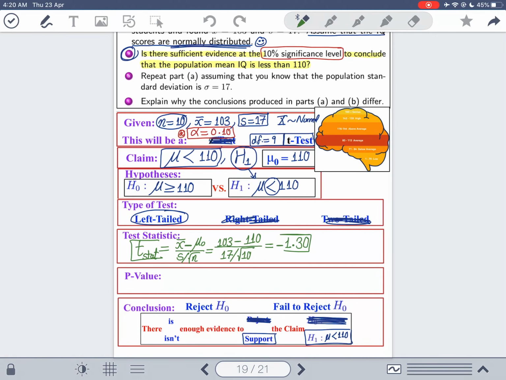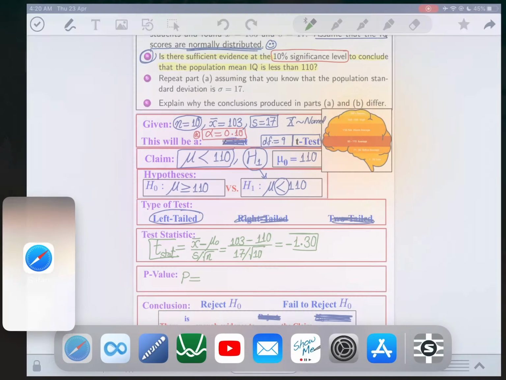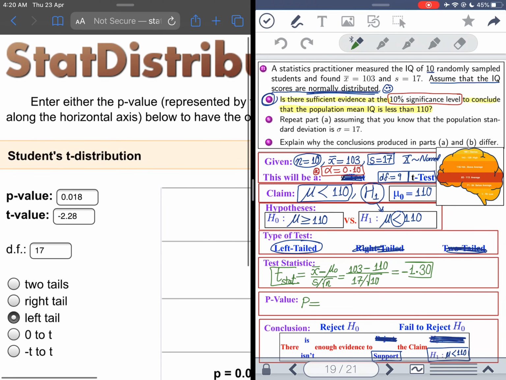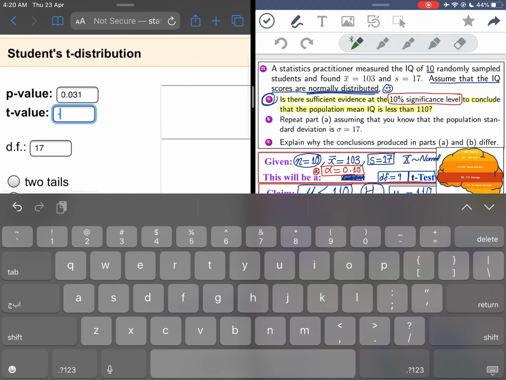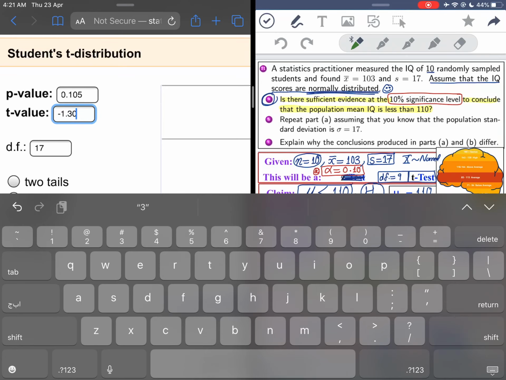And now time for the p-value. So the p-value is, and let's go to the online calculator. Okay, the online calculator is here. And it's on the t, yes, we need the t distribution. So we will put it there. So it was minus 1.30.